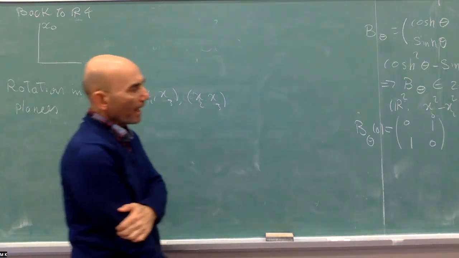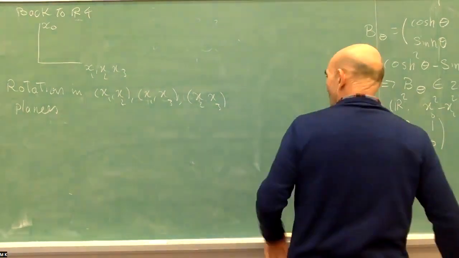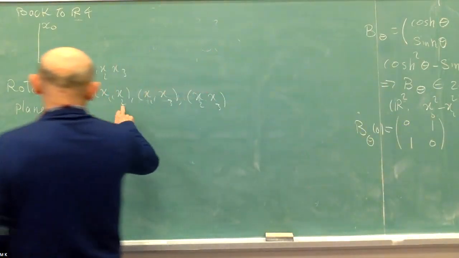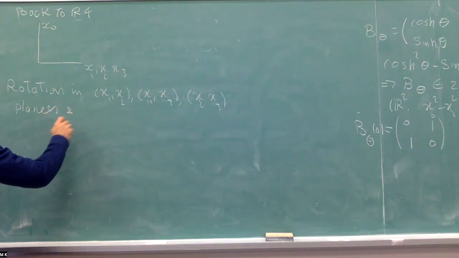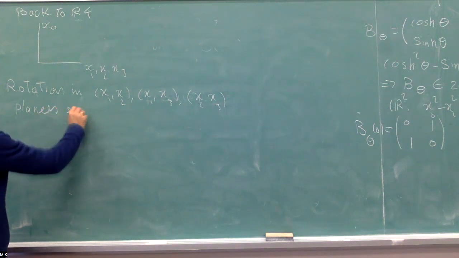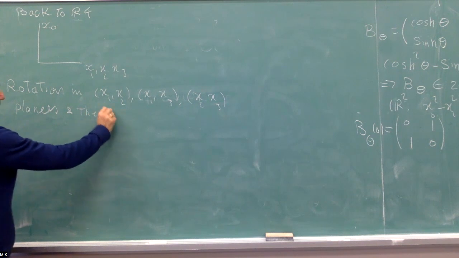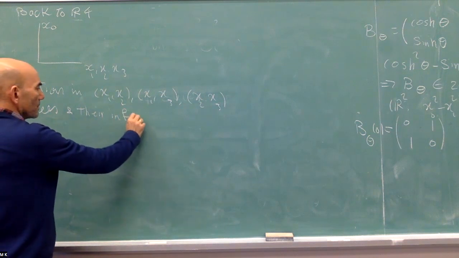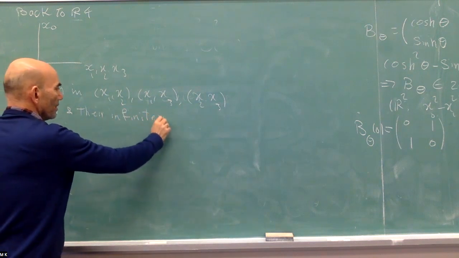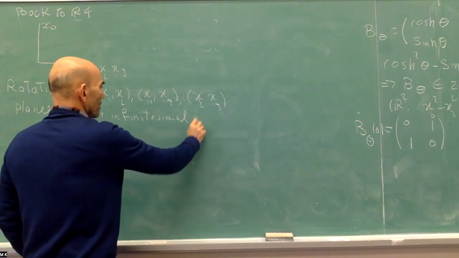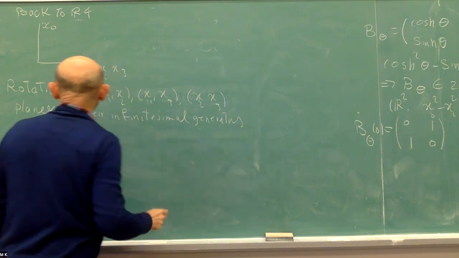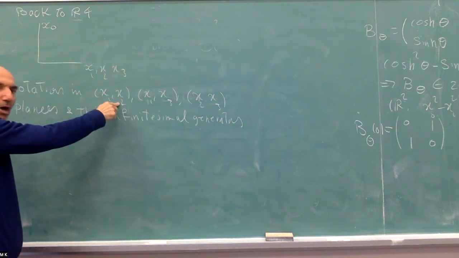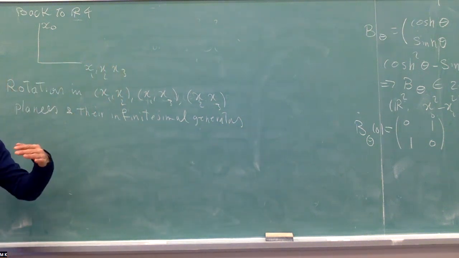So what we're going to get then are the infinitesimal generators. Now, for example, for this one, it's only touching the x1, x2 coordinates.